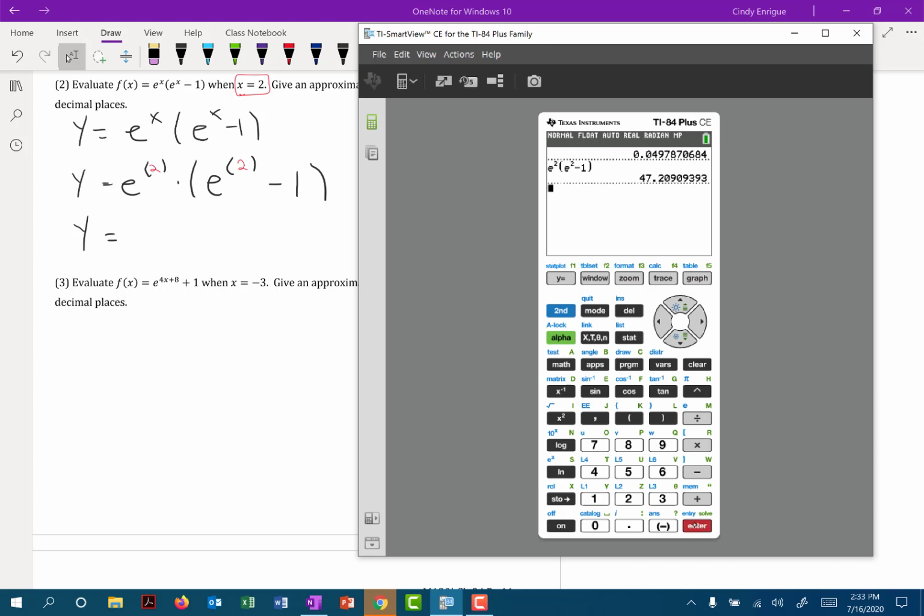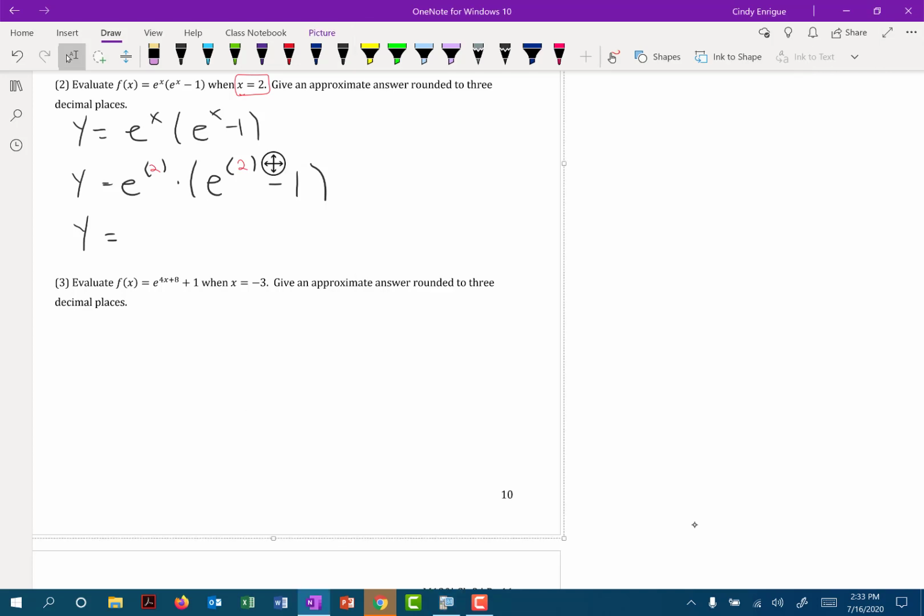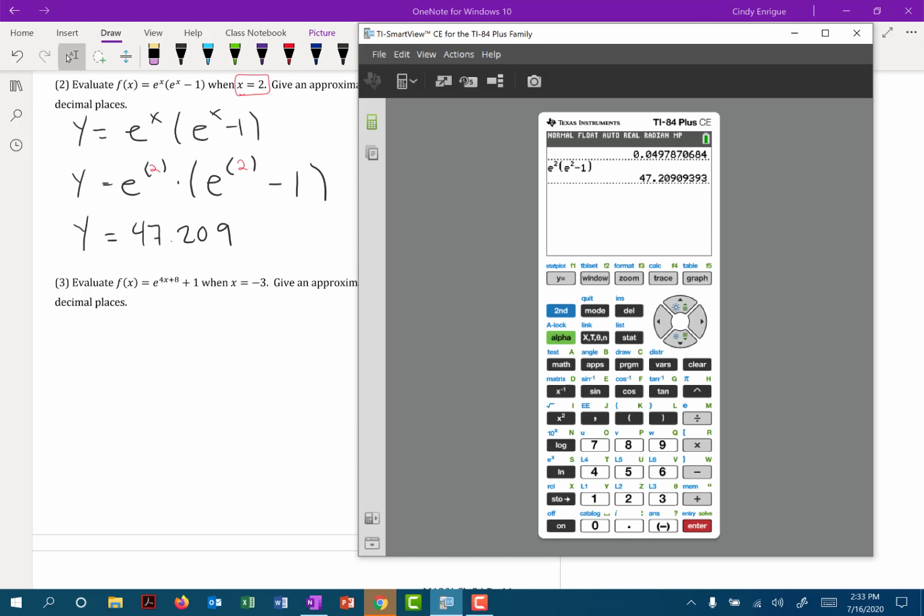So I'm going to get 47.209. It says go to the 3 decimal places, so that means I'm going to go to 4.